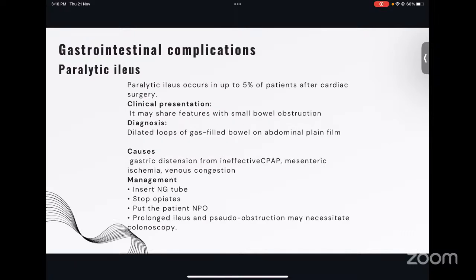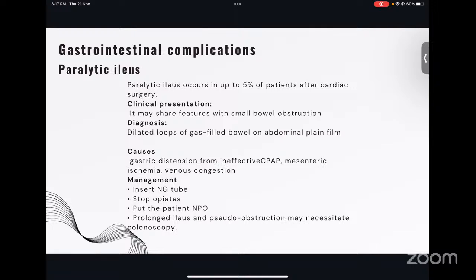Gastrointestinal complications, starting with paralytic ileus, which occurs in up to 5% of patients after cardiac surgery. It may share features with small bowel obstruction, including nausea, vomiting, constipation, absence of bowel sounds, and dilated loops of gas-filled bowel on abdominal film.